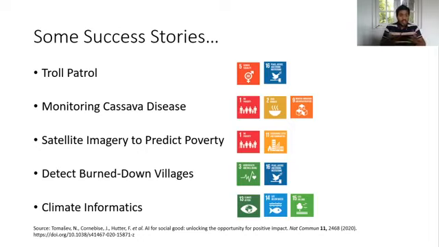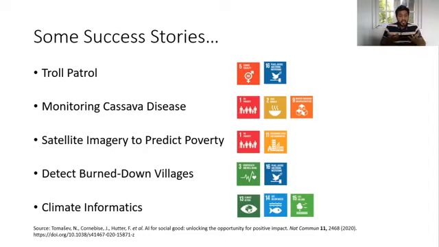Then you can use satellite imagery to predict poverty by looking at the roofs of a neighborhood. You can try to find out how dense a particular population is, if they have heating, if they have roads and whatnot. Based on that, try to understand if people are in extreme poverty or not. Then there are also more serious use cases, such as detecting burned down villages in the conflict zones in Darfur.